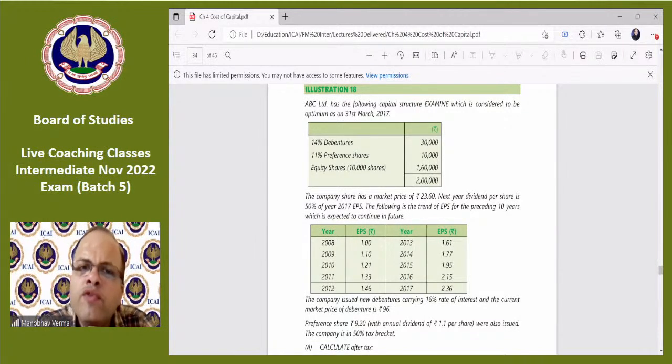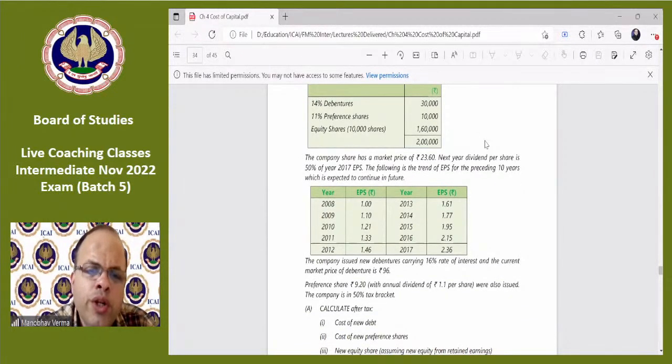ABC Limited has the following capital structure. Examine which is considered to be optimum as on 31st March 2017. 14% debentures, 11% preference shares, equity shares 160. The company has a market price of 23.6. The next year dividend per share is 50% of 2017 EPS, and 2017 EPS is 2.36. The company issued new debentures carrying 16% rate of interest, and the current market price of the debenture is 96.